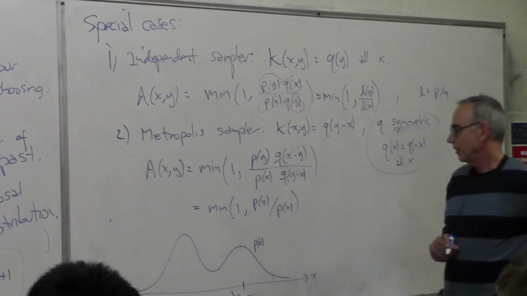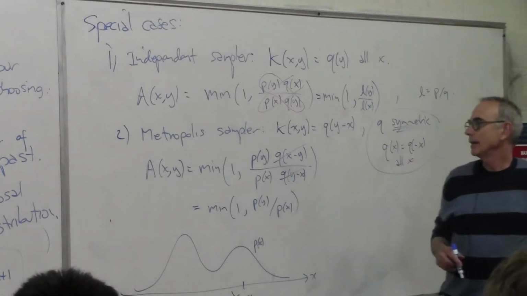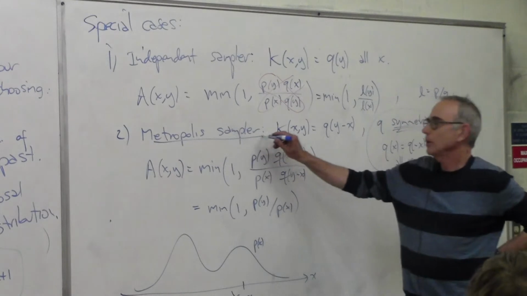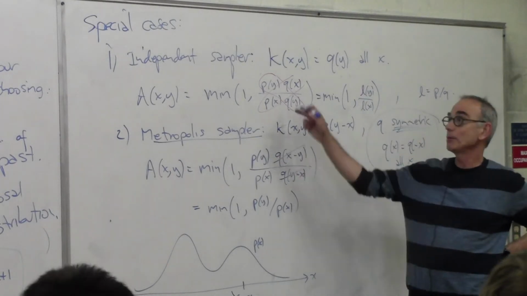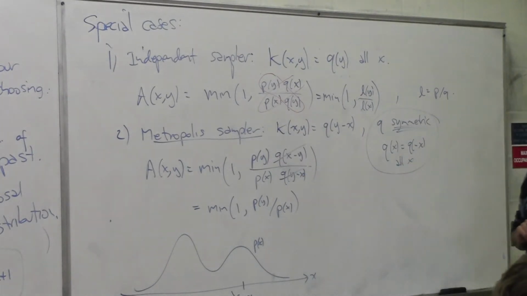I'll just write a little xt there. So I've got an xt here, and let's look at the Metropolis sampler, which is the most popular, way more popular than the independent sampler. And let's think about how this actually works.